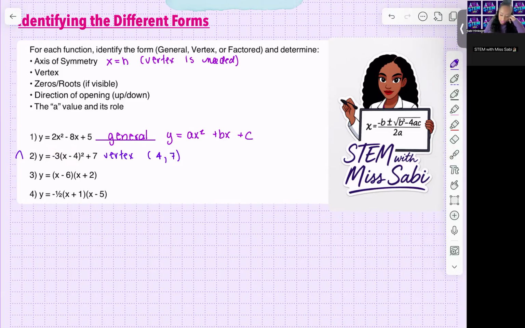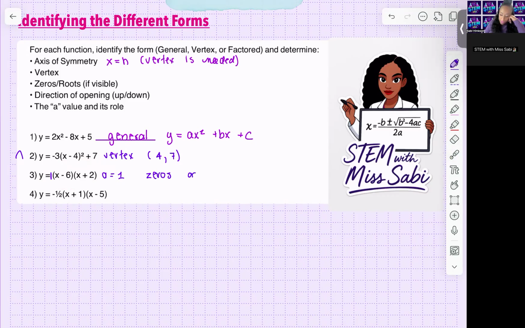Over here, what do we have? Well, think about which one looks like this. It looks like a factored form, right? It looks like something you've factored. You have a 1 that is not visible, but your a is equal to 1. And this is the zeros form, or roots form.